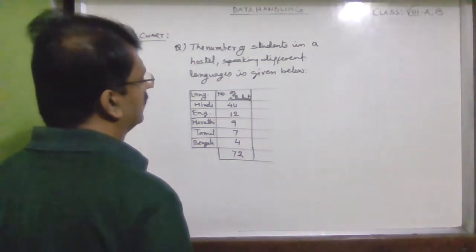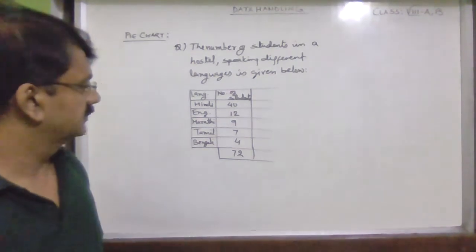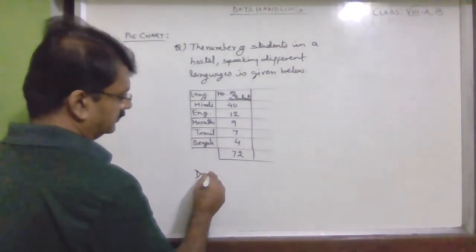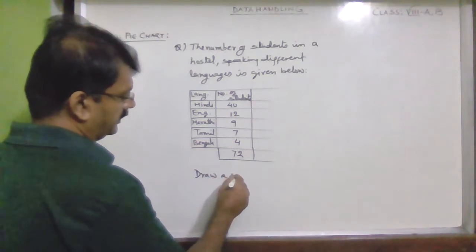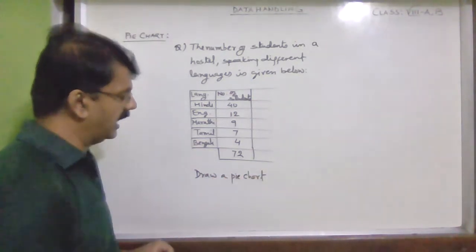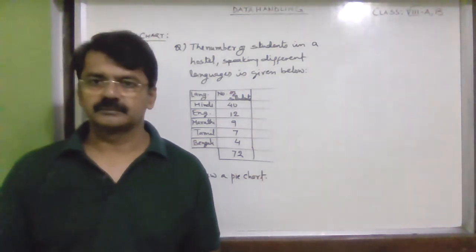Total number of students in the hostel is 72. Now draw a pie chart. So you have to draw a pie chart.